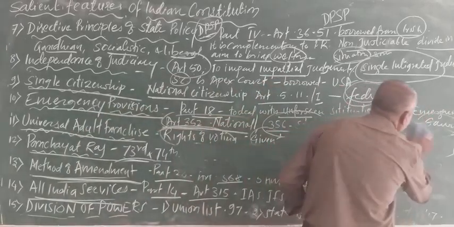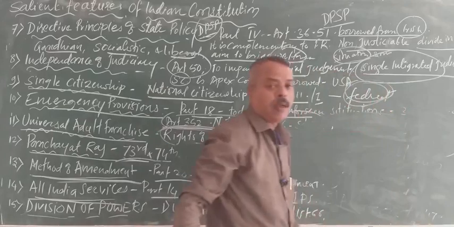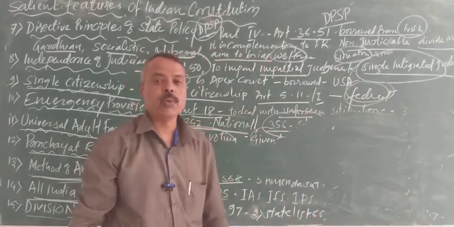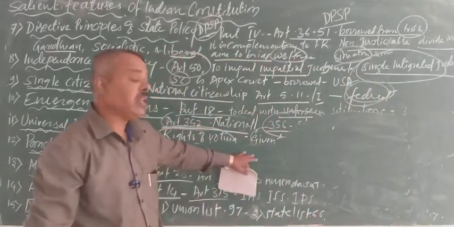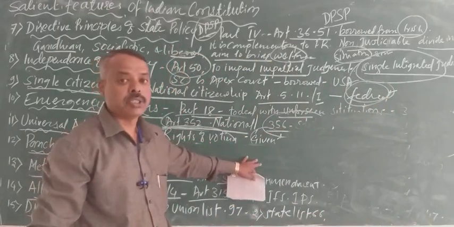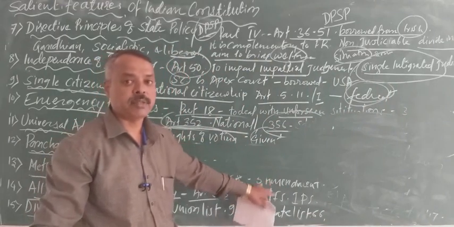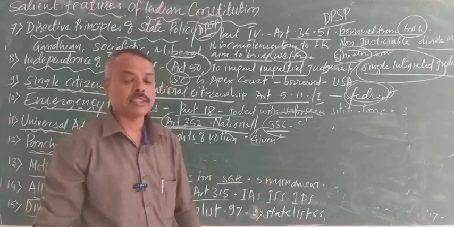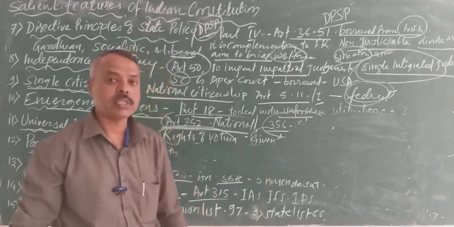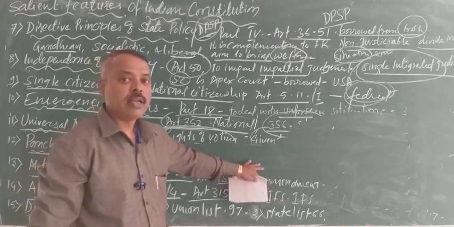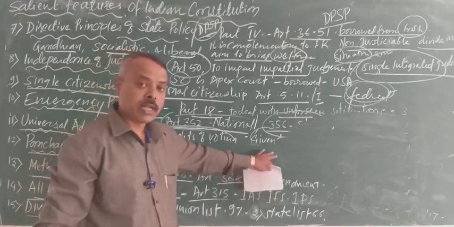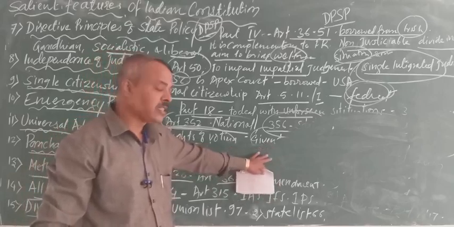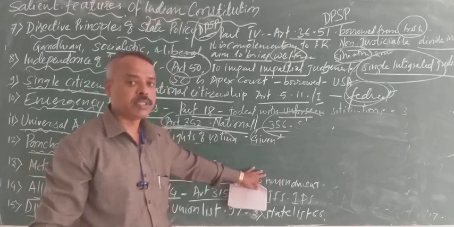With a view to give a strong administration, and to appoint civil servants to the central administration and the state administration, All India Services are established. These can be classified into three types: central services, All India Services, and state services.